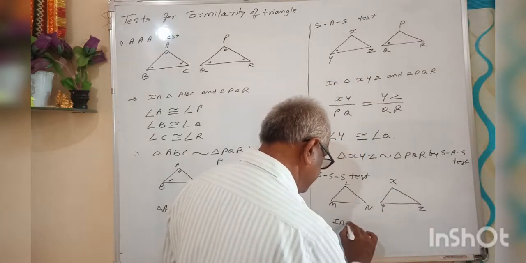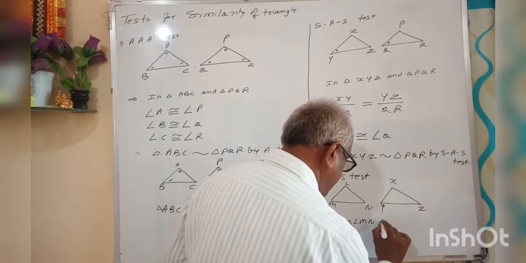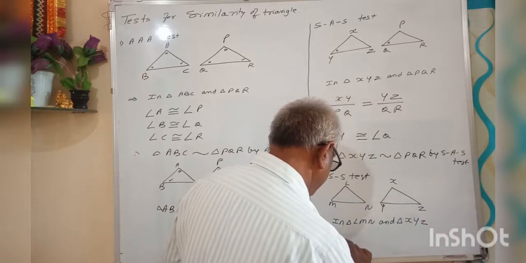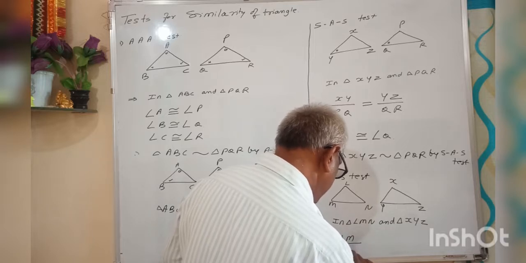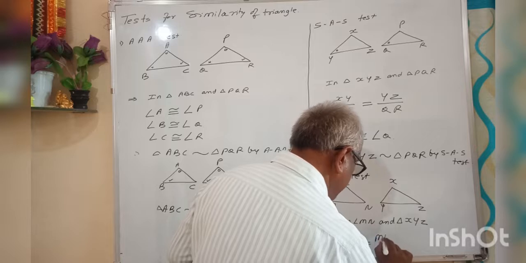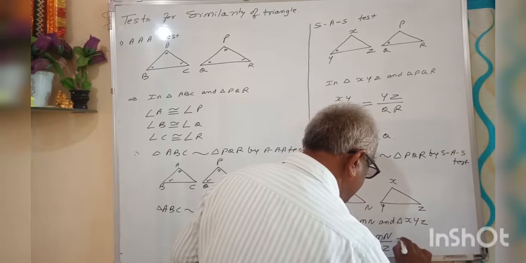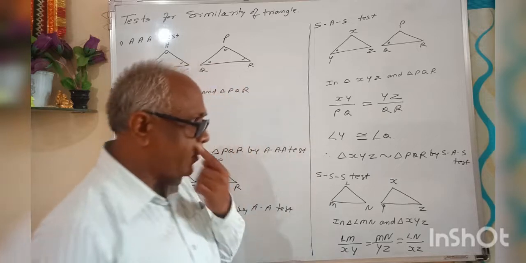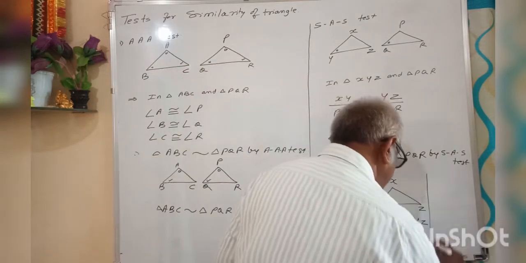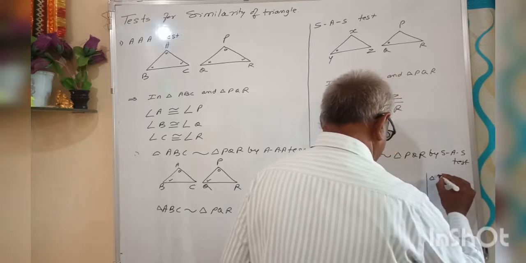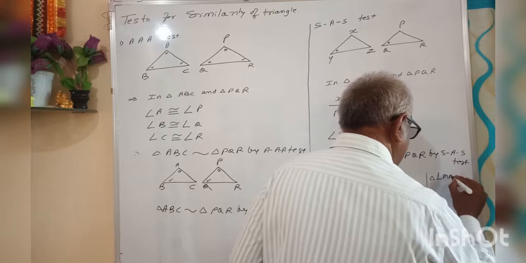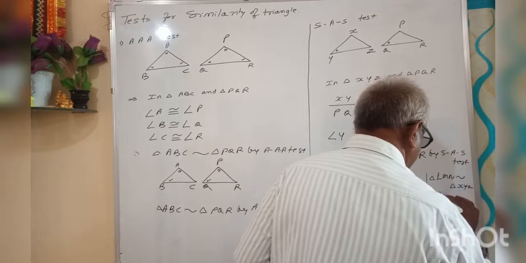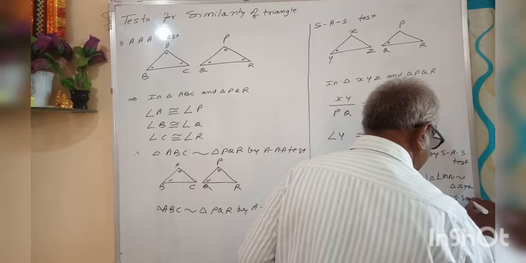In triangle LMN and triangle XYZ, if LM upon XY is equal to MN upon YZ is equal to LN upon XZ, all three sides are in proportion, then we can say that triangle LMN is similar to triangle XYZ by the side side side test.